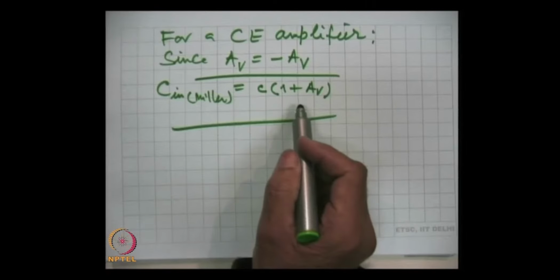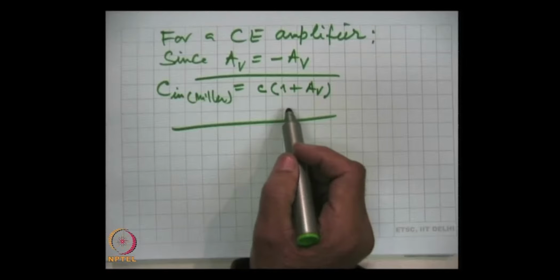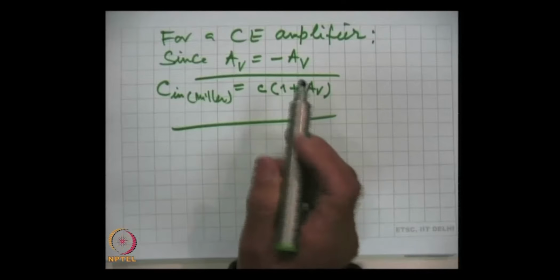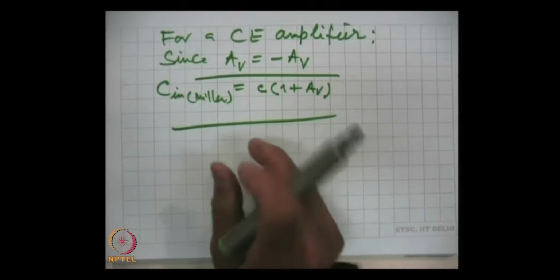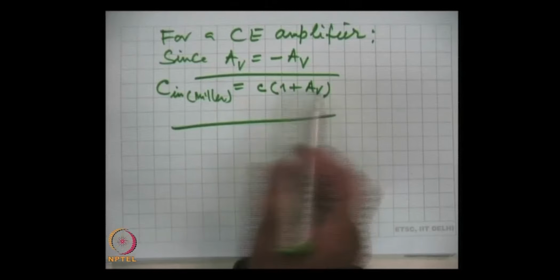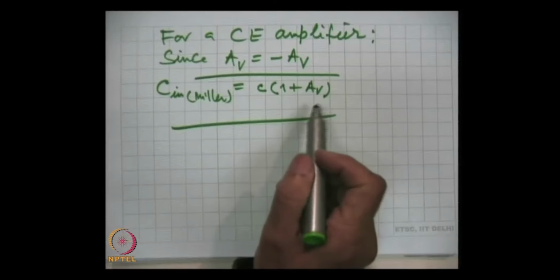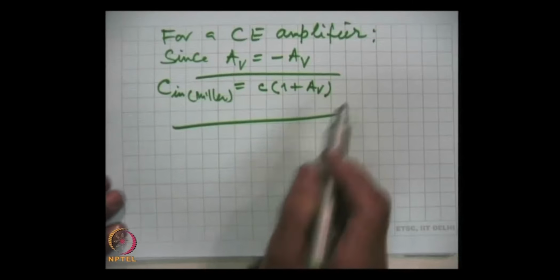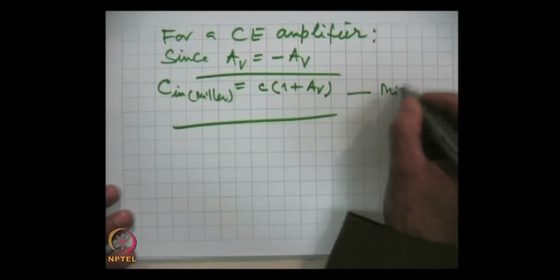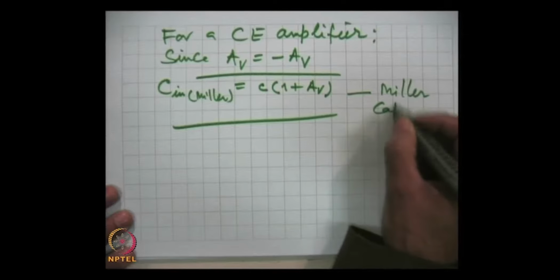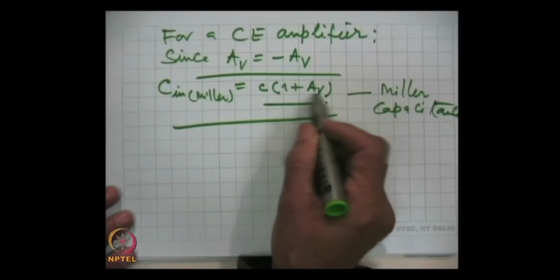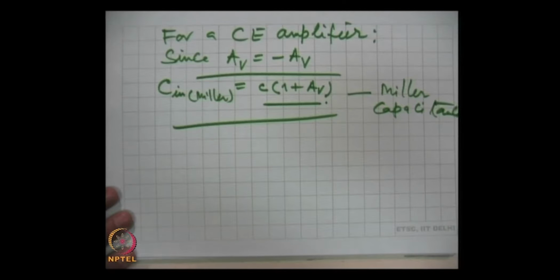As I said, for a CE amplifier, voltage gain is quite high, and so capacitance which will come in shunt form will be increased from C to C into A V, the voltage gain, very high value, and this is Miller capacitance.